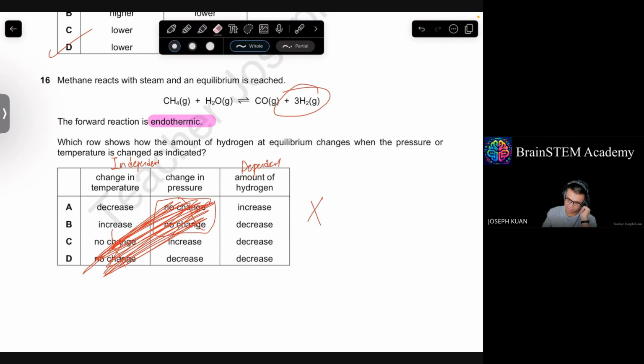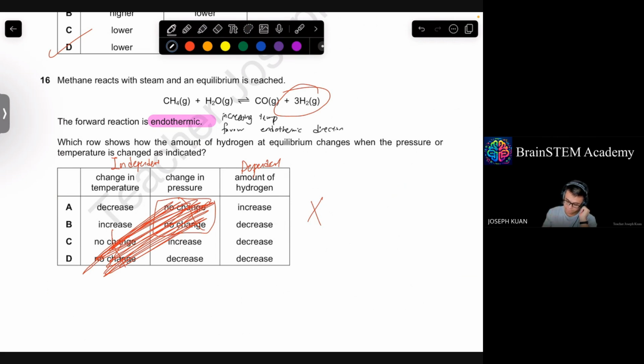But then the effects in both of them are wrong, right? For an endothermic reaction, increasing temperature will favor the endothermic direction and increase yield. So the answer is either C or D.